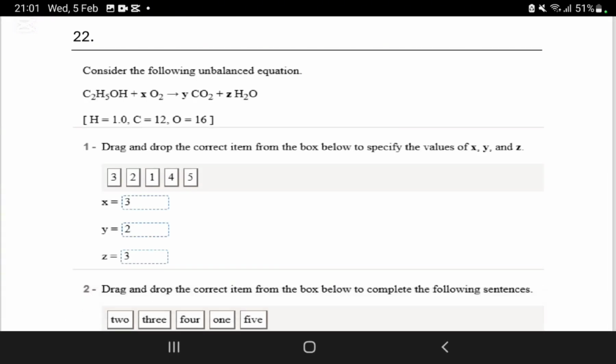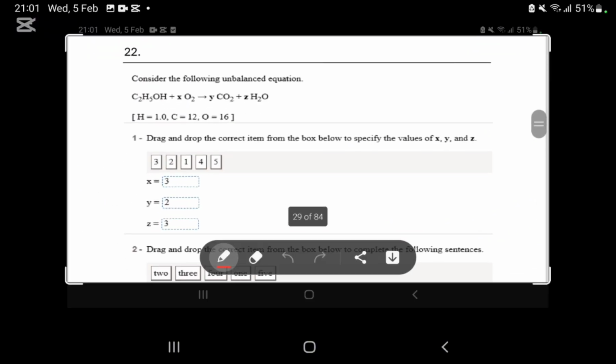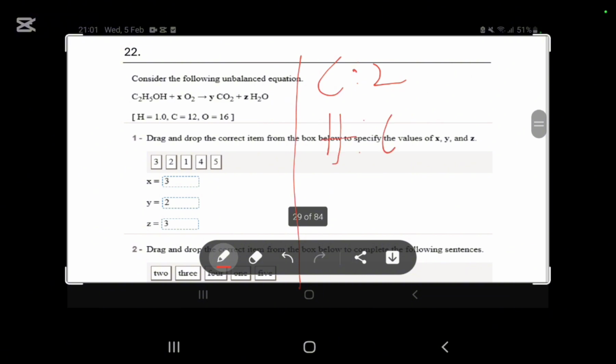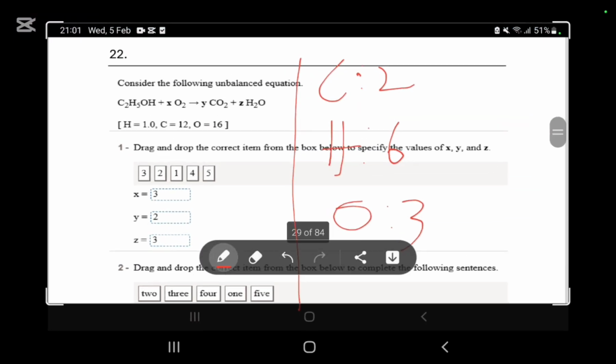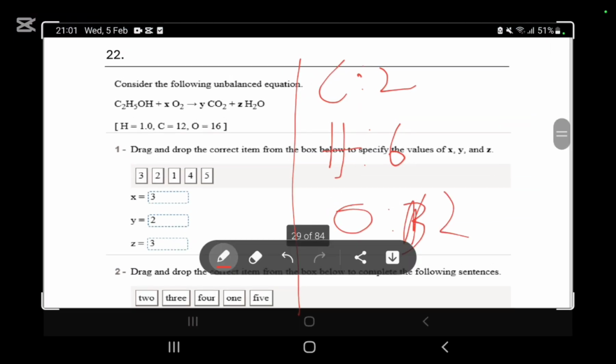So for this question, we're gonna first of all balance everything out. C is 2, H is 6, O is 3, or 2 plus 1.